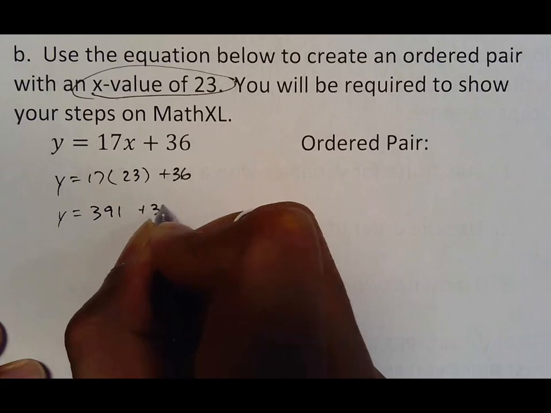Now I need to do 391. y goes second, and it tells me y. And that means I can substitute 29 for x. I then do 11 times 29. There is a trick whenever you multiply a two-digit number by 11. What you do is you take that two-digit number and you split it.